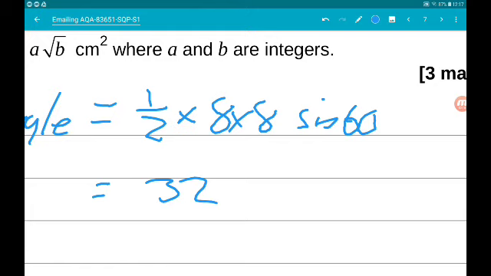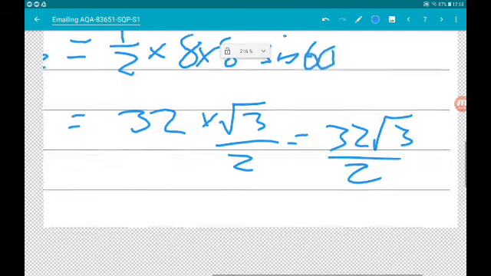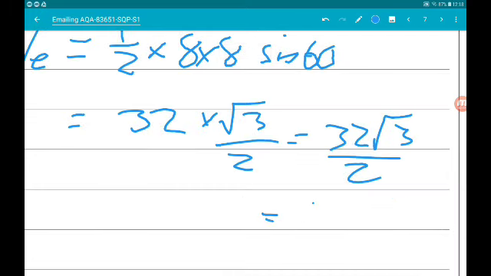Now sine 60, this is one of our exact trig values. Sine 60 is root 3 over 2. So this is 32 root 3 over 2, which is 16 root 3.